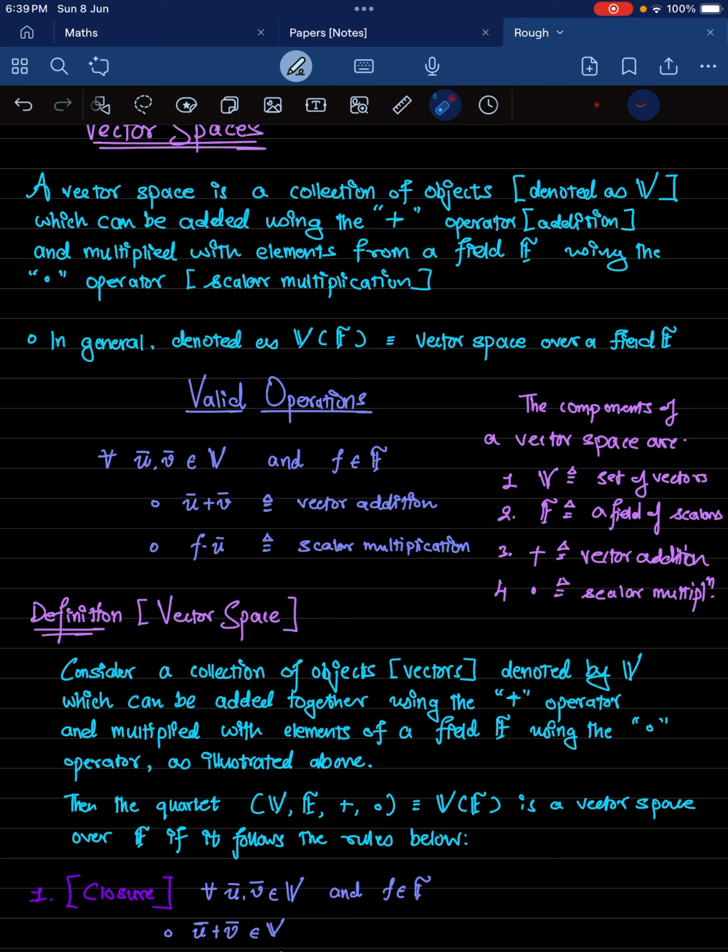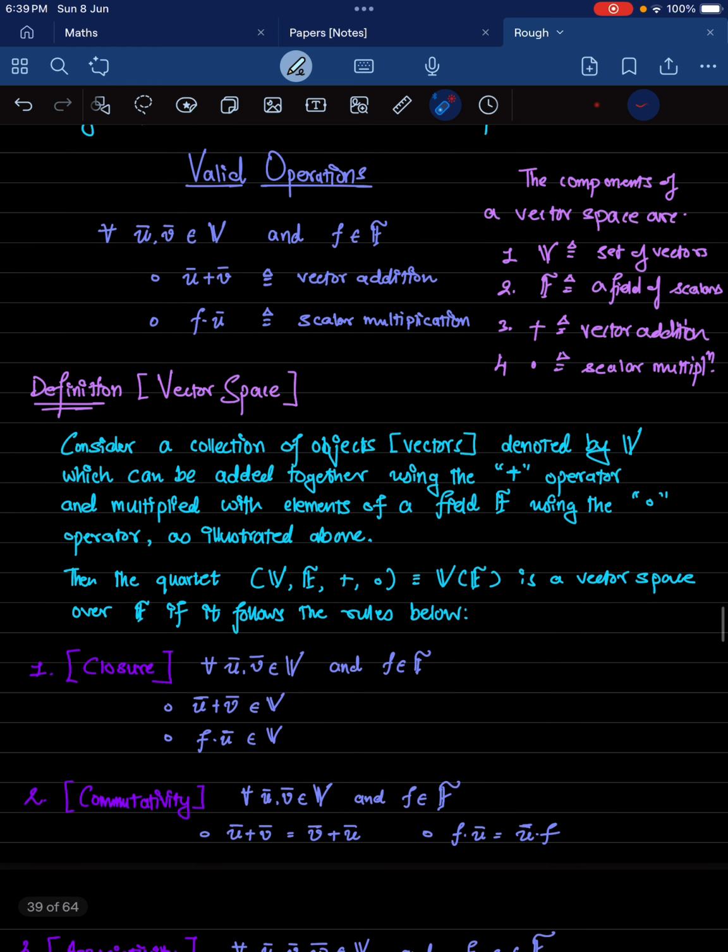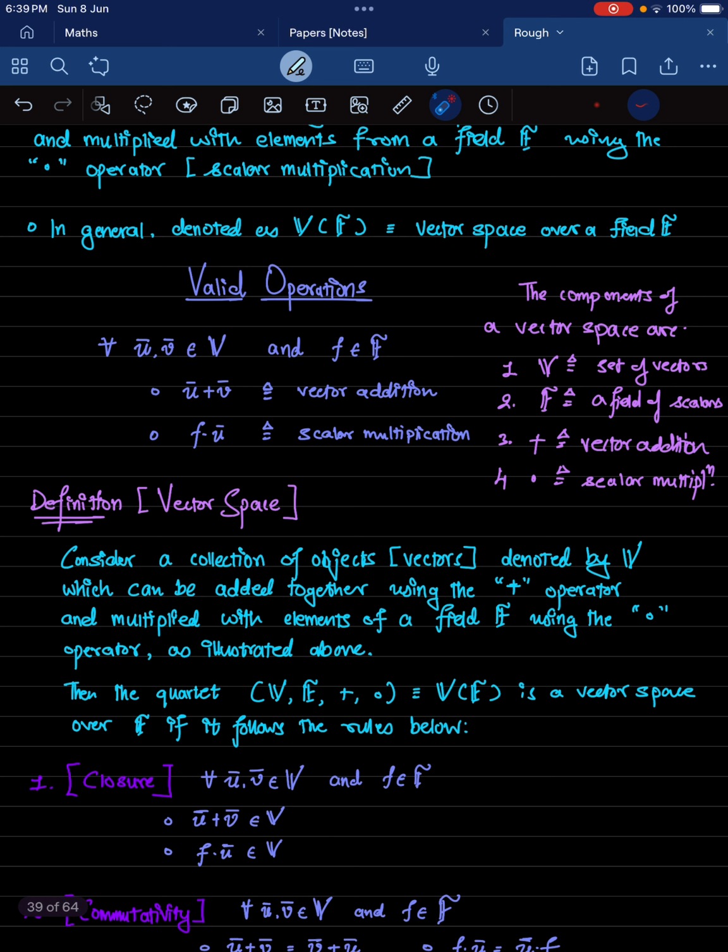Now the components of a vector space, as I mentioned before, it's a quartet, so there will be four components. V is the vector space, or the set of vectors, I'm sorry. F is the field of scalars, so although I write f, it also comes with its own plus and dot. And now vector addition is there, that is denoted by plus as well. So whenever I'm writing plus or dot, depending on the operands, please do figure out which plus and which dot that is.